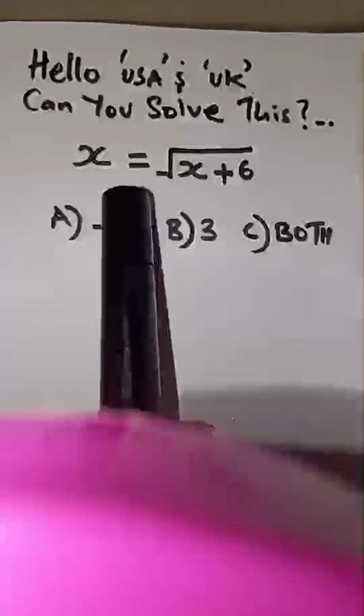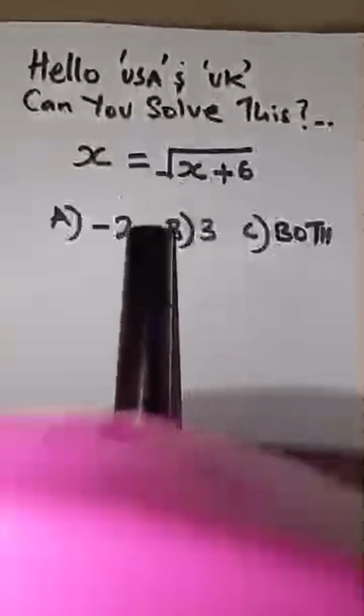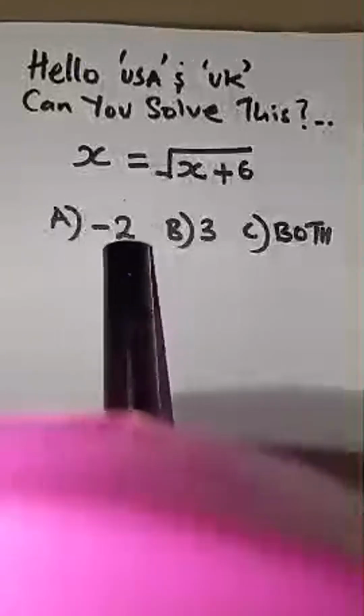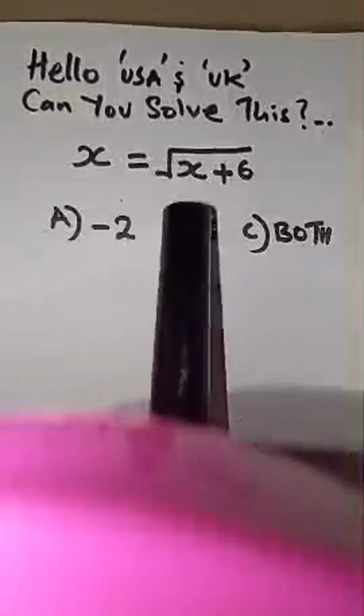On one side, we have the value of x. So what could be the approach? Is it negative 2?